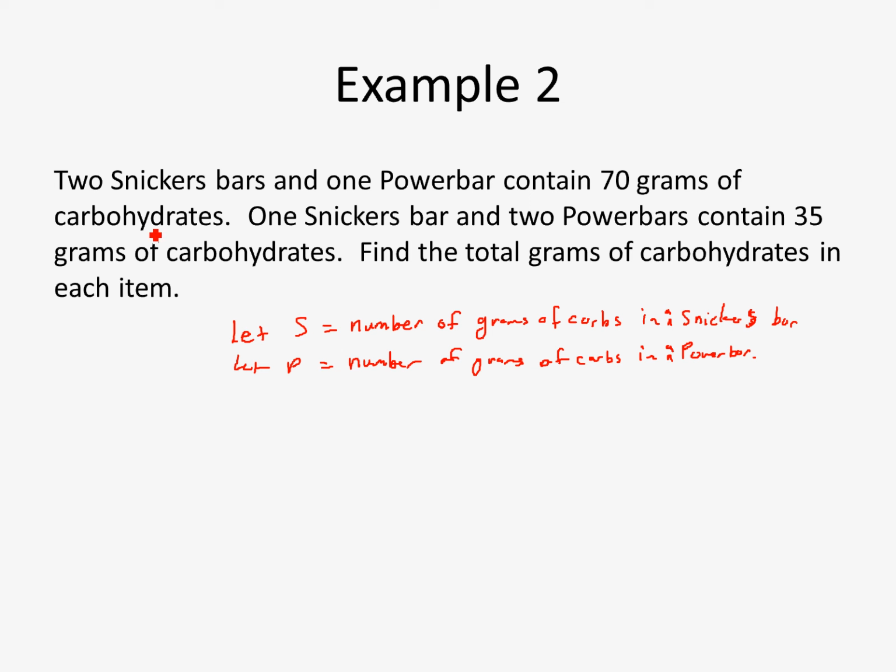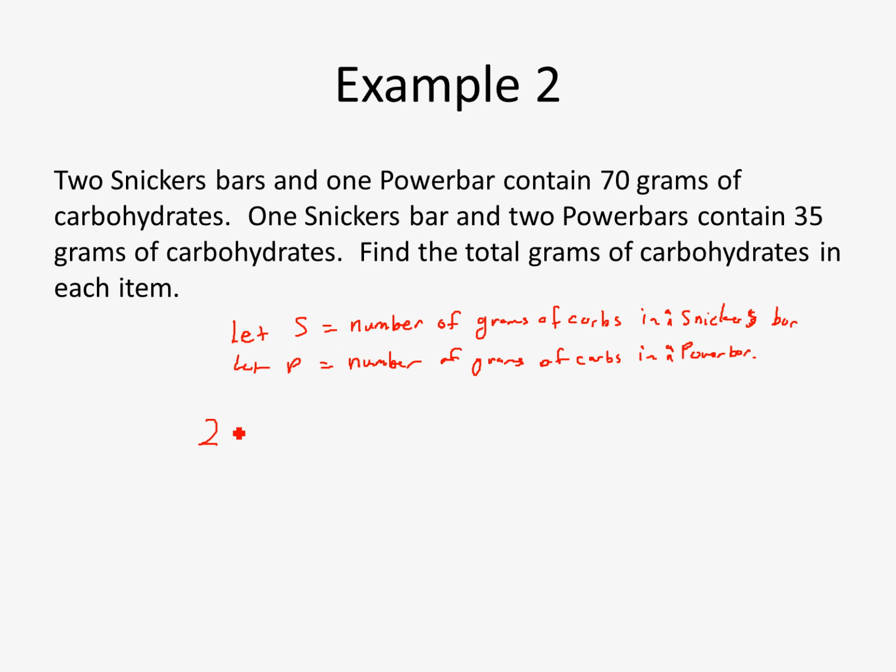So if we think about it, we start off with 2 Snickers bars and 1 Power bar. So I have 2 Snickers bars, right? And so however many grams of carbs are in 1 Snickers bar, there's 2 of them, so it's twice the carbs.